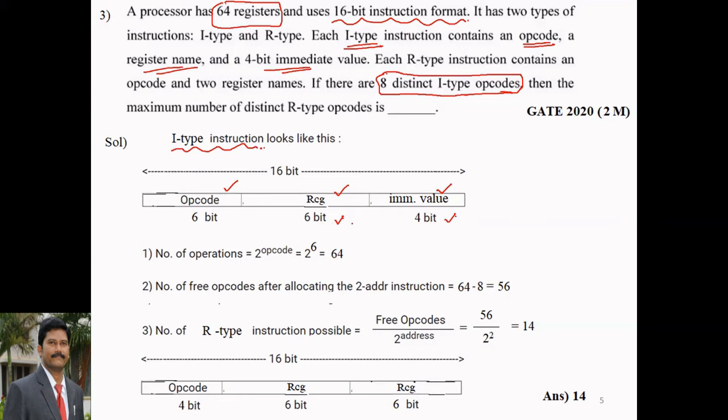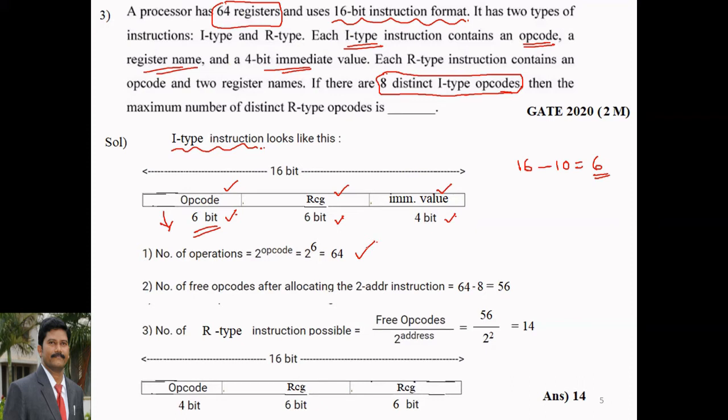Now this information is given. To calculate this: total 16 minus 6 plus 4, that is 10, so opcode bits are 6, right? This is 6 bit we need to write. Now by looking at this, how many instructions are possible? I type total number of operations equals 2 power opcode, that means 2 power 6, that is total 64 instructions are possible.